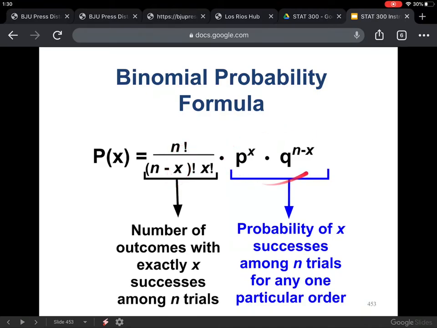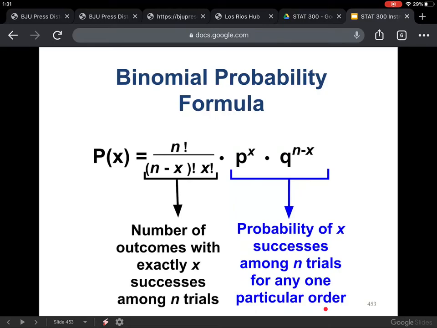This portion of the formula has to do with the probability. So number of times the probability. And this portion stands for the probability of x successes among n trials for any one particular order.